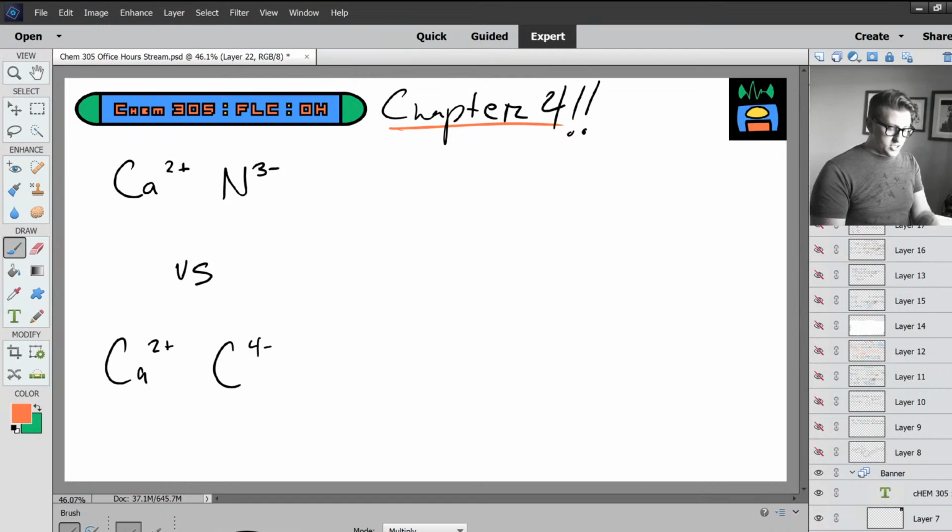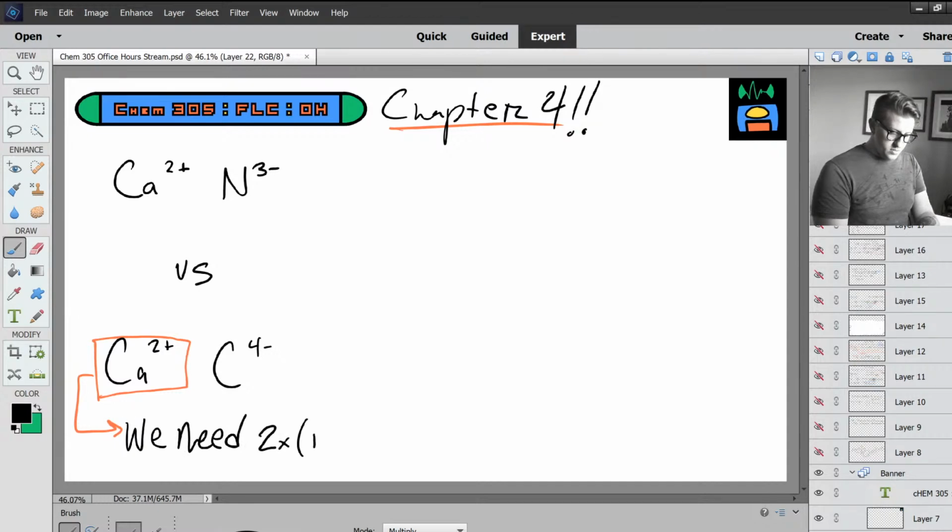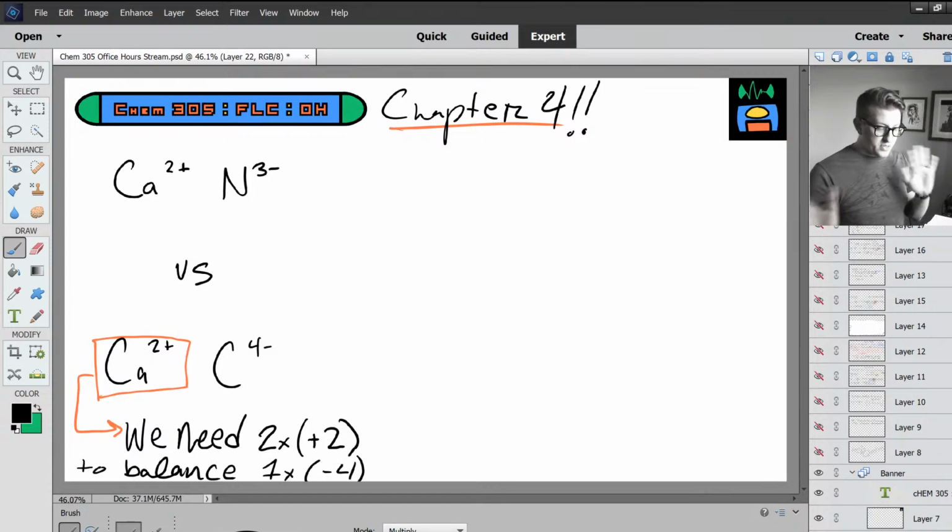So I'll just start with the second one. We need 2 positive 2s to balance our -4, right? You know that we've got to add up to 0 charge.